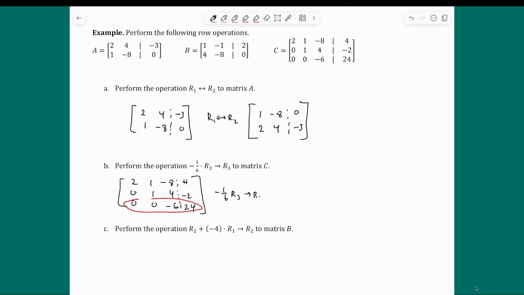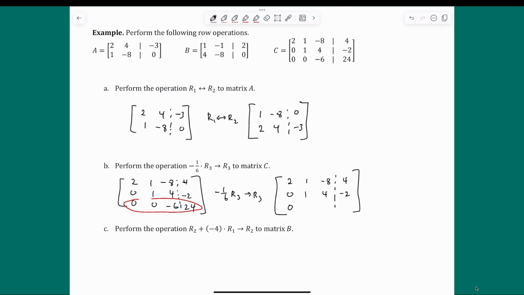So doing that to get a new row 3, the first two rows, 2, 1, negative 8, and 4, stay exactly the same. Row 2 stays exactly the same. But in the third row, we're multiplying everything by negative 1/6. So we take 0, the first entry in row 3, multiplied by negative 1/6, you get 0.